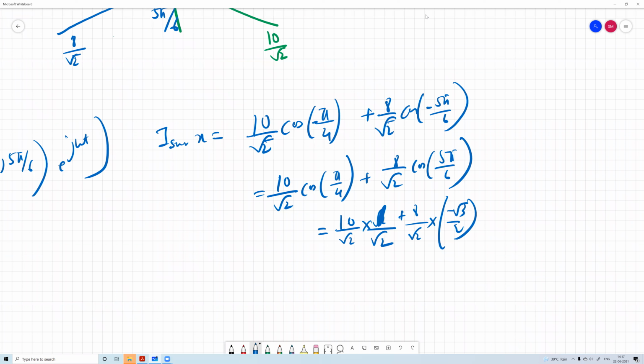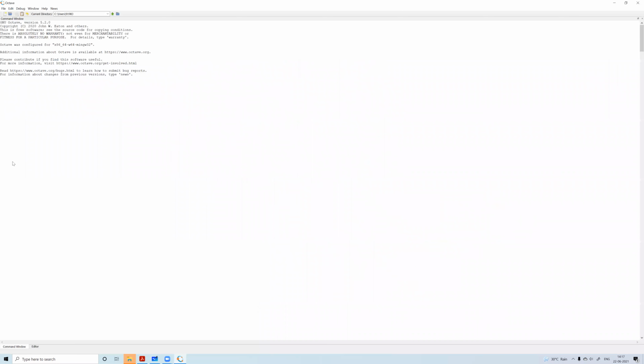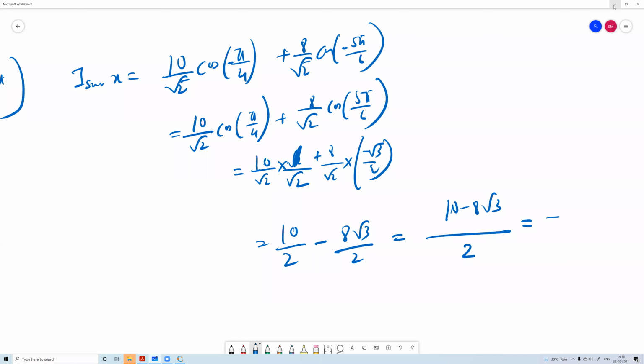What value is this? Minus 1.93. Getting this?